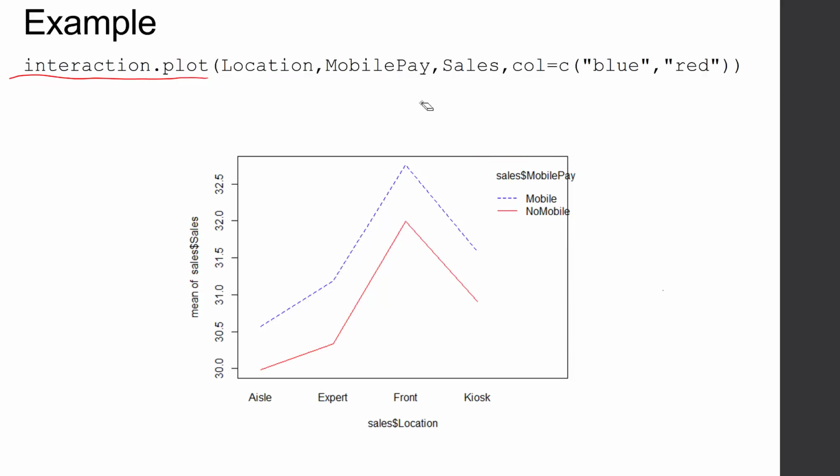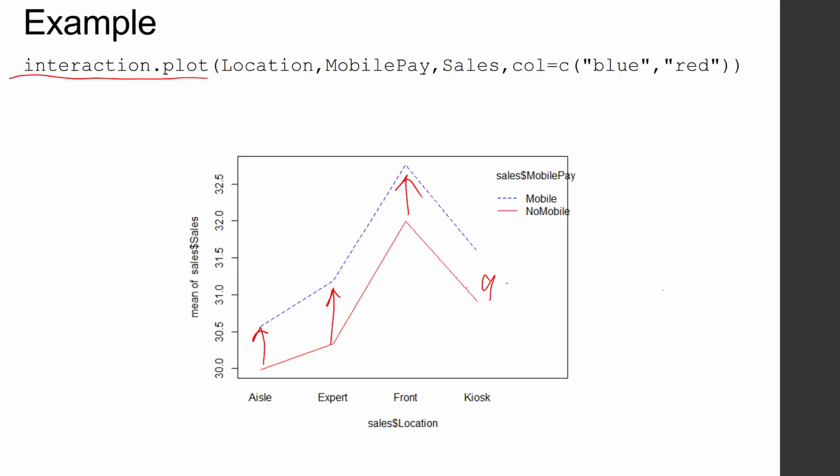All right, so what does it look like here in our interaction plot? Well, it looks like location is significant, right? We definitely see that you have a higher mean sales in the front of the store location, lower for expert, even lower for aisle, a little lower for kiosk, right? So it looks like location is probably significant. How about mobile pay? Yep, that looks like a nice jump in sales according to whether you offer mobile pay or not.